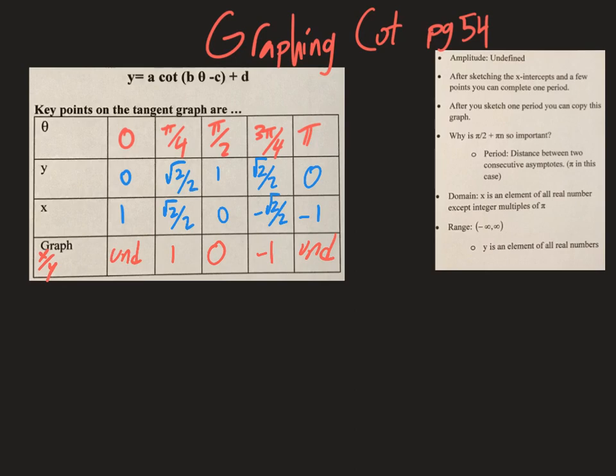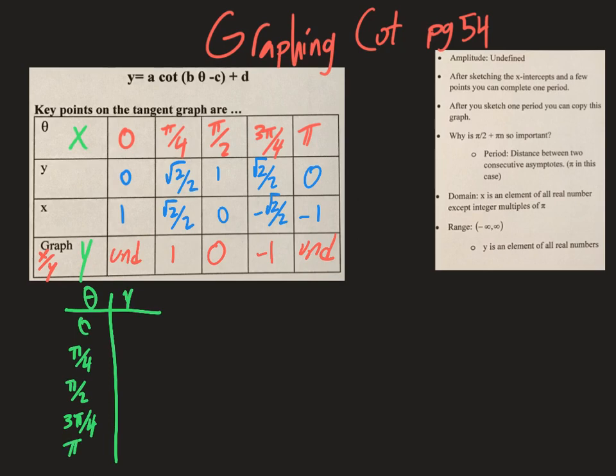Key things to remember, guys: we don't have to do these calculations every time now that we've got them set up. These two lines in red are my x and my y values, so now I can make a set of points to use every time. Theta, my angle, is 0, pi over 4, pi over 2, 3 pi over 4, and pi.